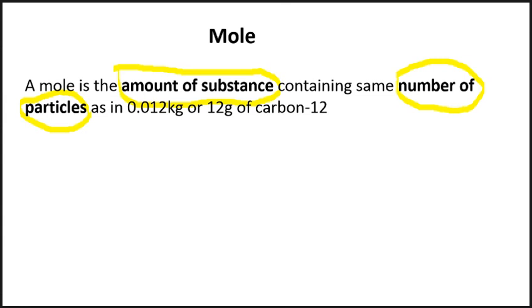So in other words, this is simply telling us that in one mole I can find a certain amount of particles of a given substance, and that given substance could be carbon-12. And mind you, that same one mole is also equivalent to the relative atomic mass of that same carbon-12.